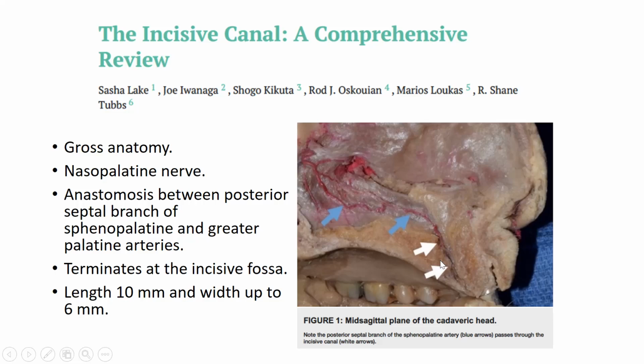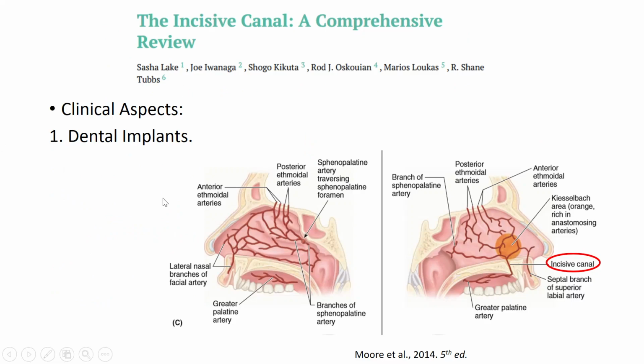The dimensions of this canal will increase with the loss of the dentition, and also can increase with age, if there is any cyst formation, or if there has been any trauma. Clinical aspects: if there is an option of a dental implant, as the maxilla is more trabecular when we compare it to the mandible, it has more chances of a progressive resorption of the bone, and if this happens, then there is a potential osseointegration failure of the dental implant.